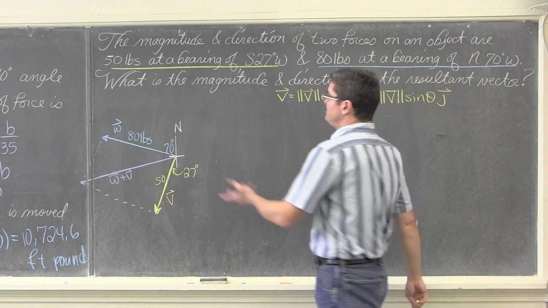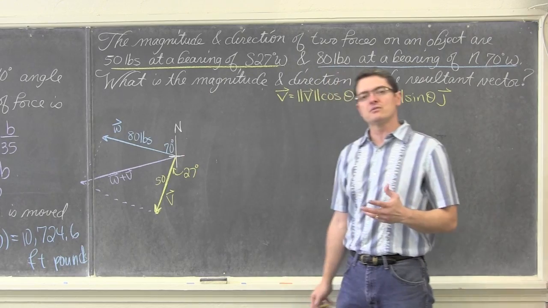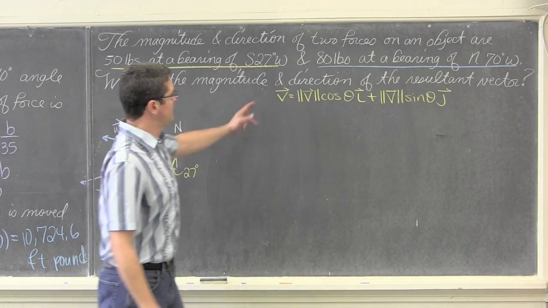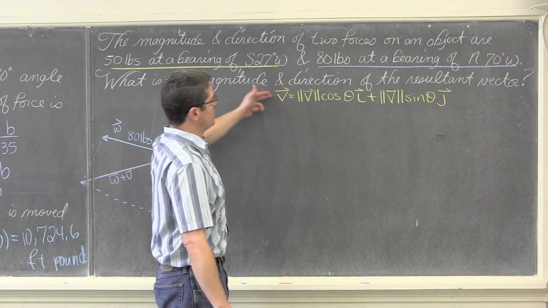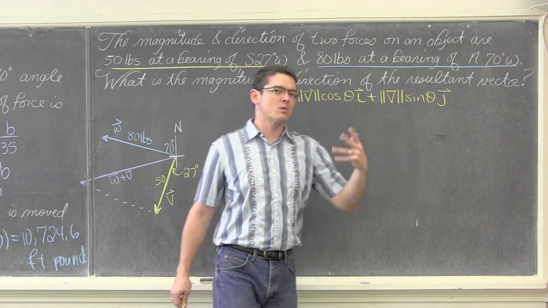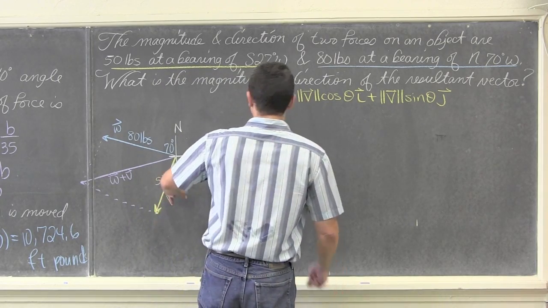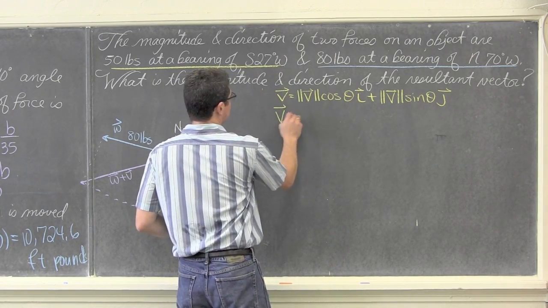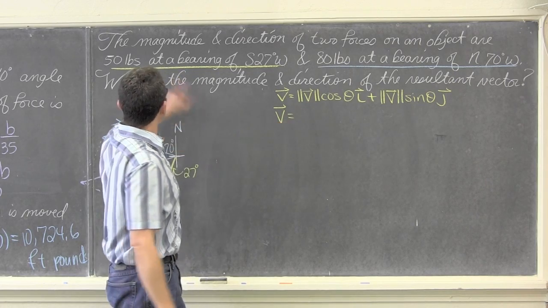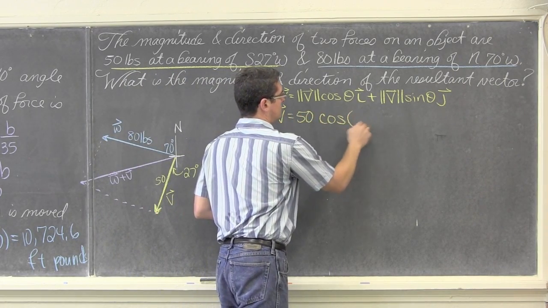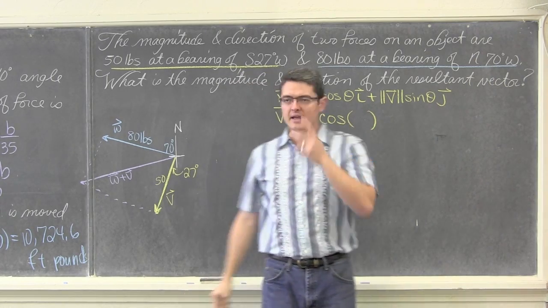Okay, well, I can't do anything until I have my vectors in the component form, the horizontal and vertical components. And this is the formula, which I showed you in an earlier video, kind of how it works, where it comes from, that we're going to use to do that. So vector V is going to be its magnitude, which is 50, times the cosine of the angle.